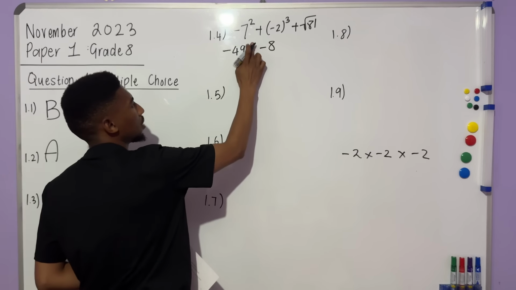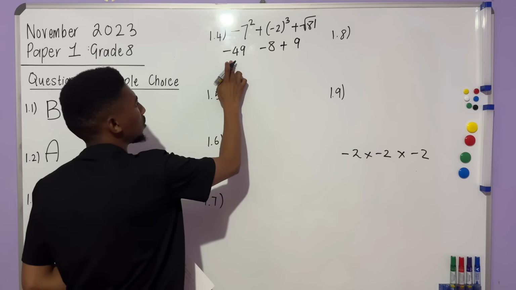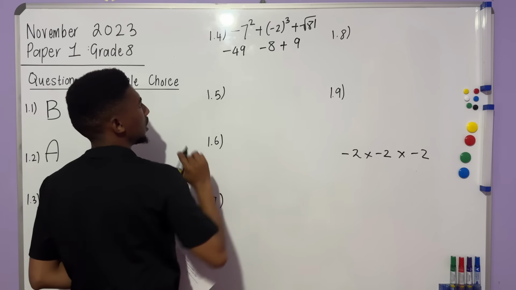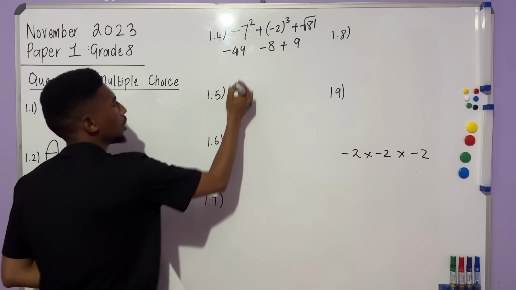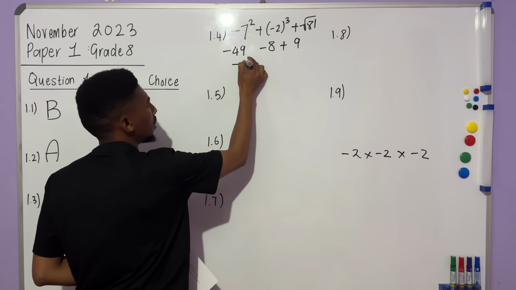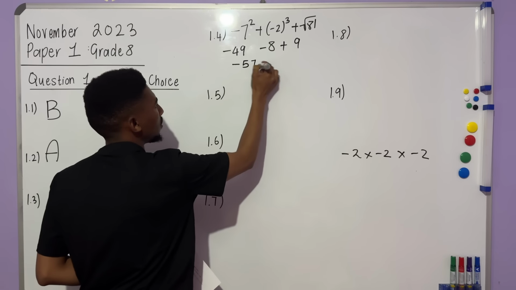Okay, then we have minus 49 minus 8. Okay, so that would be minus 49 minus 8 would be minus 57.